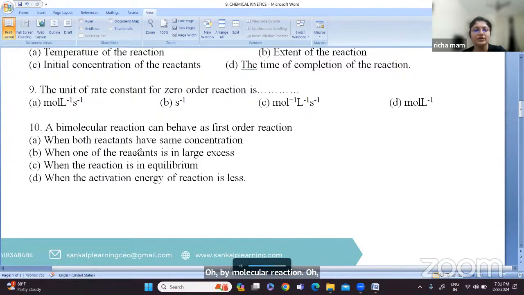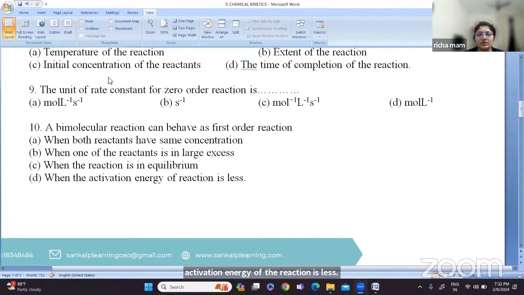A bimolecular reaction can behave as a first order reaction: A, when both reactants have the same concentration; B, when one of the reactants is in large excess; C, when the reaction is in equilibrium; and D, when the activation energy of the reaction is less.